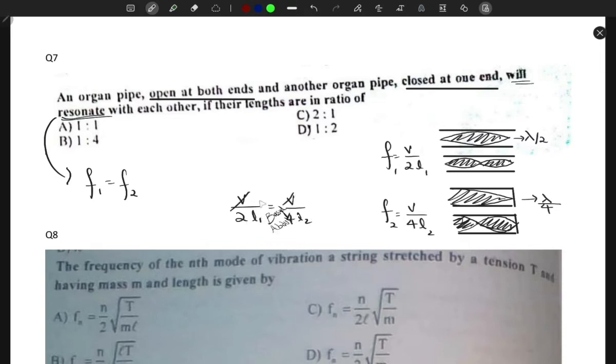V goes away, and if I write this as L1 divided by L2, this ratio is equal to 2 ones are 2, 2 twos are 4, so this is 2 over 1, which means it is 2:1, which is option C.